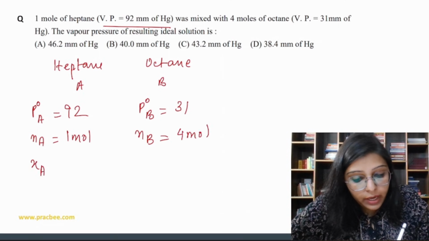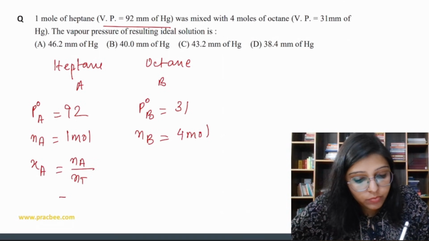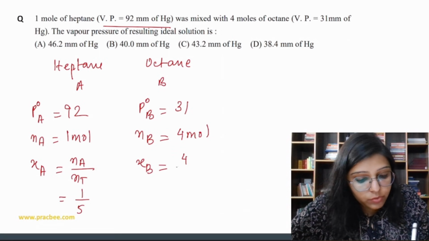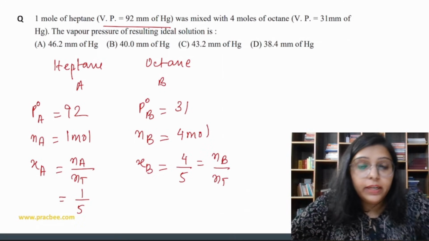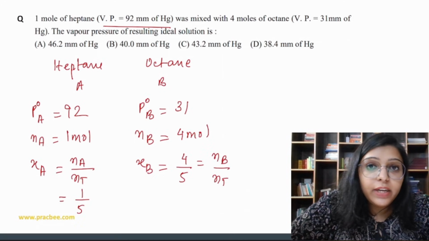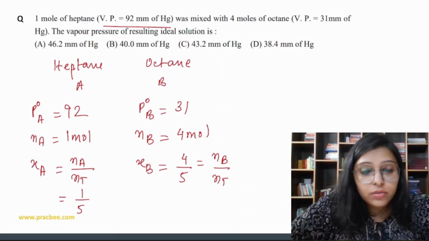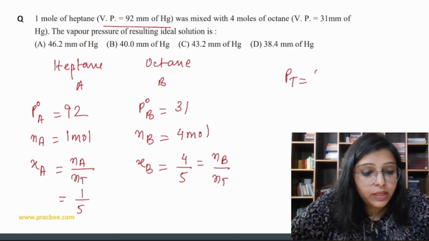Mole fraction of A is number of moles of A divided by total moles, which is 1 upon 5. And mole fraction of B becomes 4 upon 5. So we have to find out the vapor pressure of the resulting ideal solution. It means we have to find out Pt.